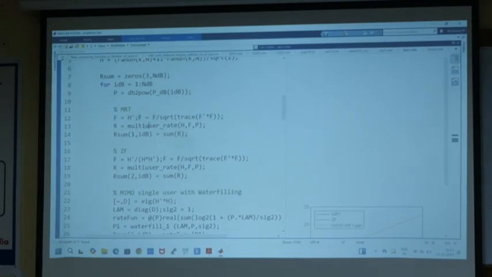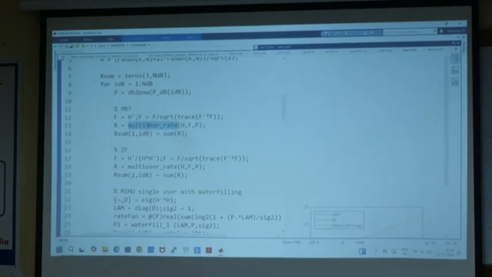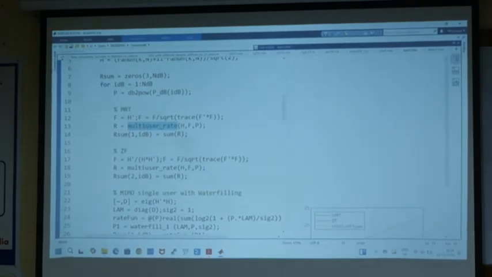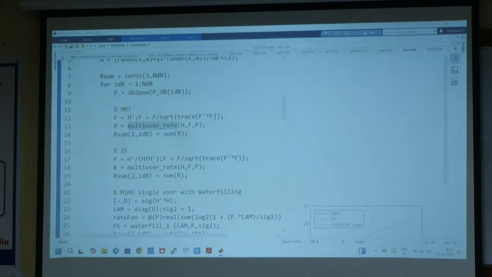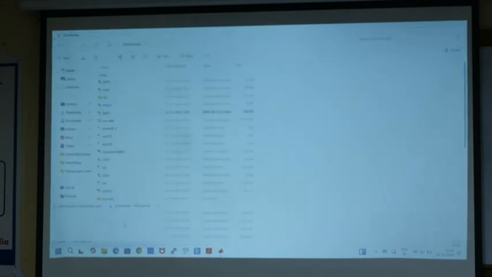Then I calculate the multi-user rate when I provide this H, F, and this P. So how do I calculate the multi-user rate? This is a function I have made. If I press here, it should open. It should be in the folder.